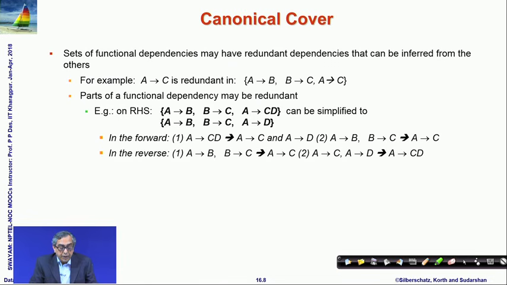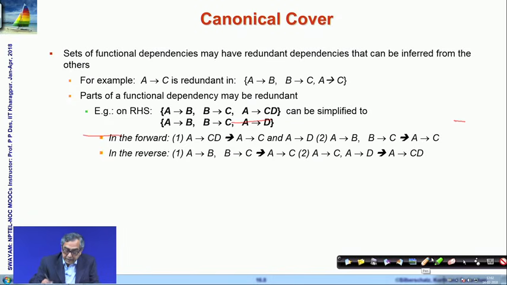For example, say I have a set of functional dependencies as this set, and I want to know whether I can replace it by a simpler set here, where this particular attribute on the right hand side of this dependency may be extraneous.